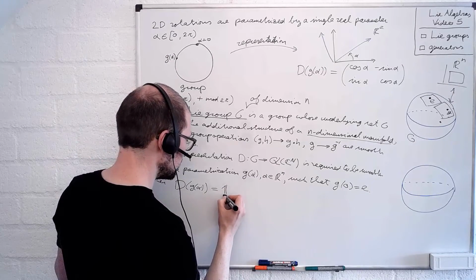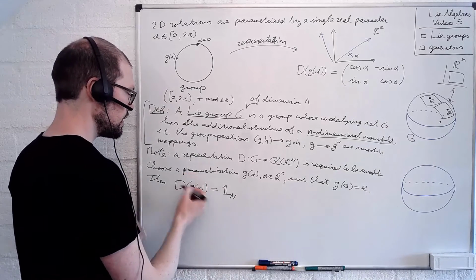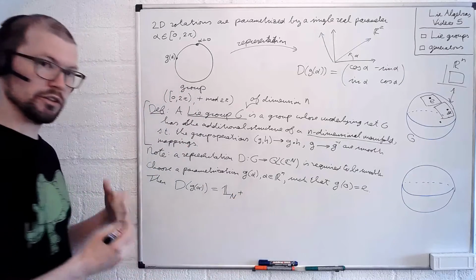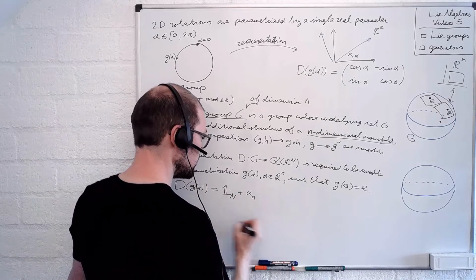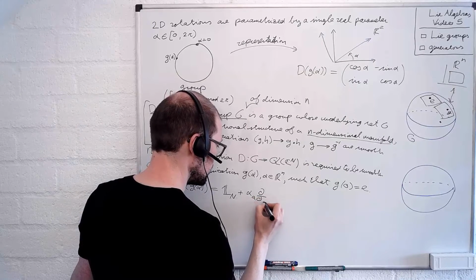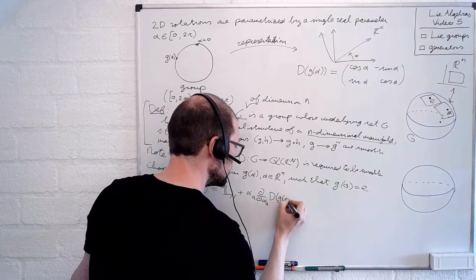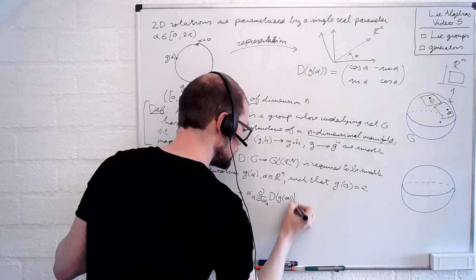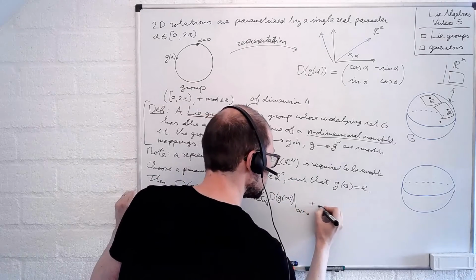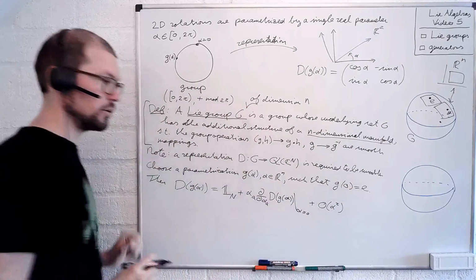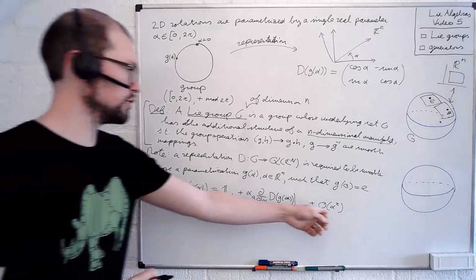So this is going to be the n-dimensional identity matrix. And then the first order correction is going to depend on the derivative here. So I get a correction term which is alpha_a times the derivative with respect to alpha_a of d(g(alpha)) evaluated at alpha equal to 0. Right, and then in general I get higher order terms, the first one being of order alpha squared, in the components of alpha.